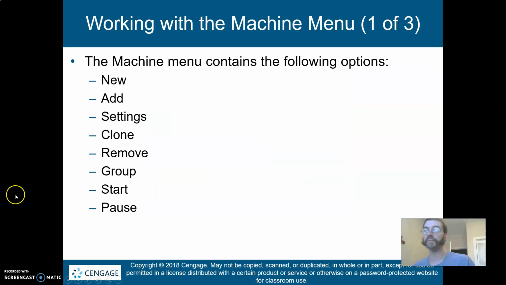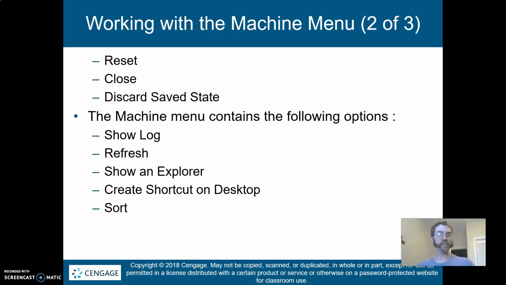So, you can create new virtual machines, add new virtual machines if you have already created them but VirtualBox doesn't seem to have found them. You can clone them, you can remove them, you can start them, you can pause them, you can access their settings, you can reset them, close them, or discard a saved state.